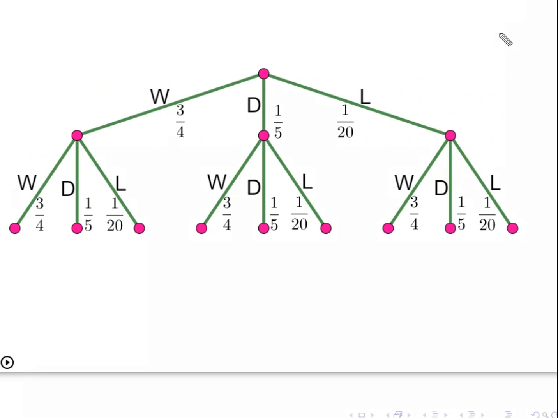And what I want to point out is that the probabilities coming out of each vertex, so look at this vertex, when I add up 3/4, that's 15 20ths, plus 4 20ths, that's 19 20ths, plus 1 more 20th, that's equal to 20 out of 20, which is equal to 1. So the probabilities coming out of each of the vertices have to be equal to 1. And notice that they're all the same, so at all 3 of these vertices as well, it's true.